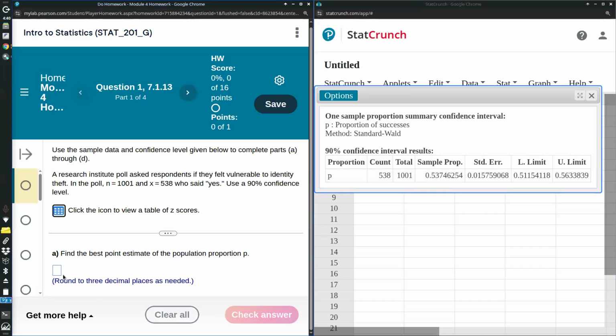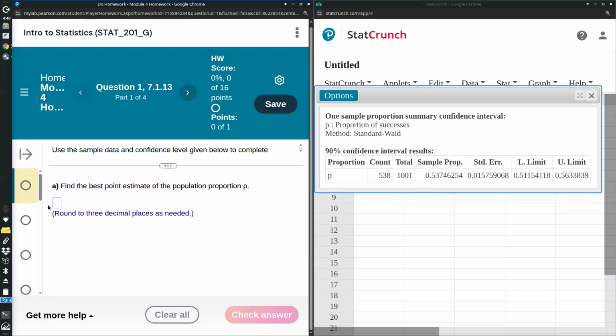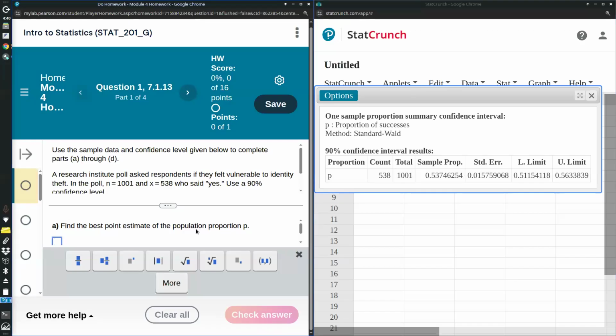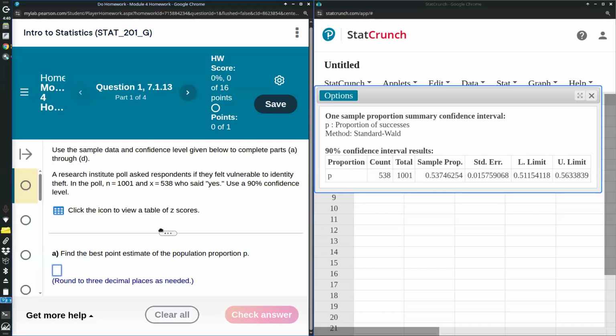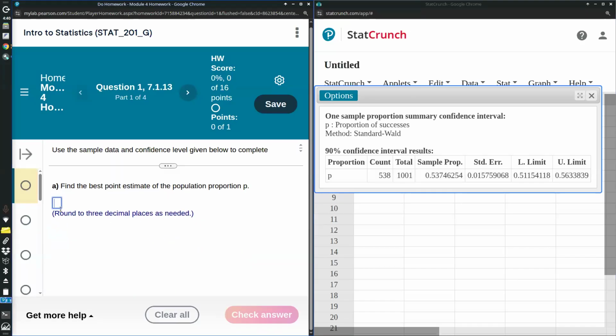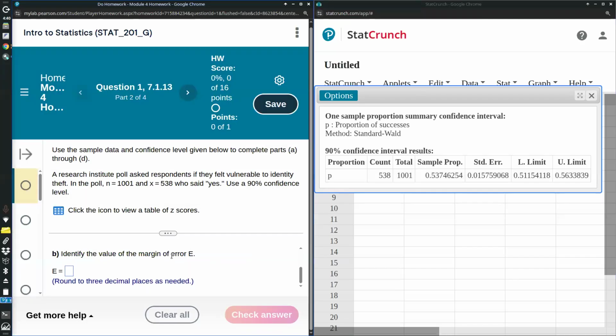So it first asks us what's the best point estimate. So the best point estimate is just that sample prop to 3 decimal places. So for me, that's 0.537. And then the margin of error.